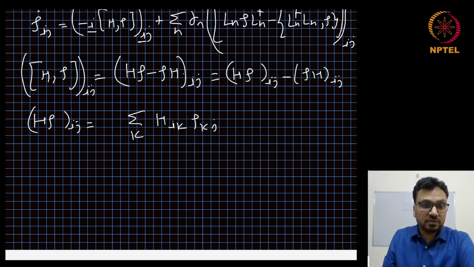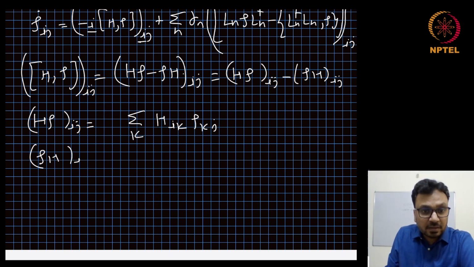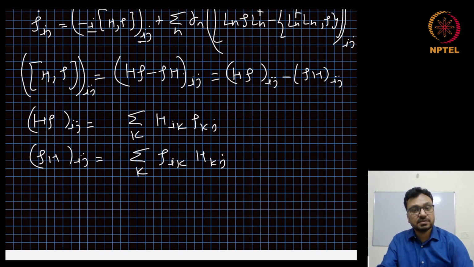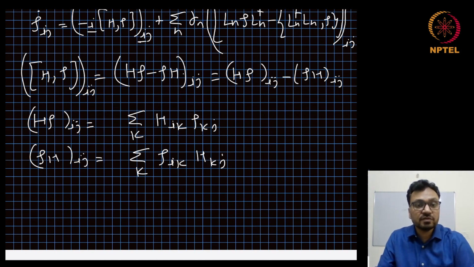This is the definition of the ijth element of the product of two matrices. Similarly, ρH ij is sum over k of ρik Hkj. We have used the same definition, just that the position of ρ and H has changed.